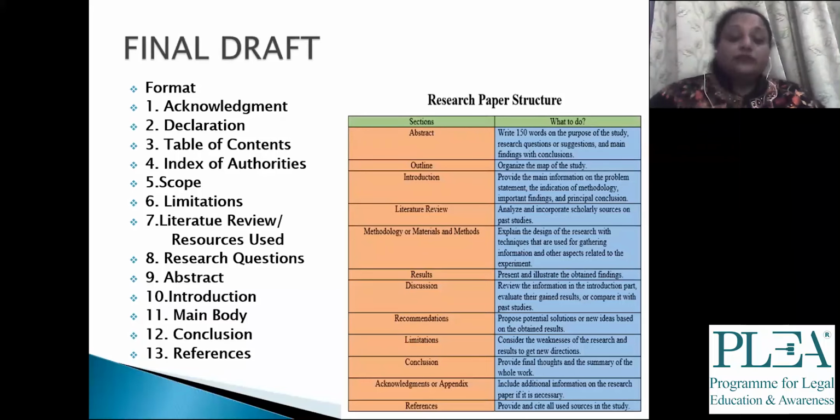When we are concluding our paper, again you have to keep in mind whether you are writing the observation, whether you are writing the analysis of the paper, or whether you are concluding it with suggestion. Give that heading based on that only. So if it's conclusion with suggestions, then write it as conclusion and suggestions.